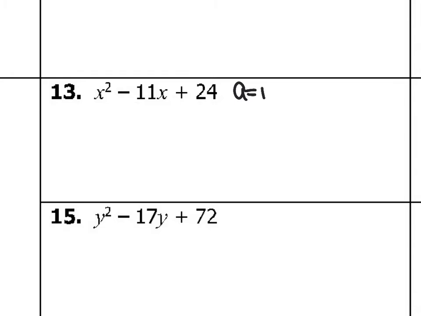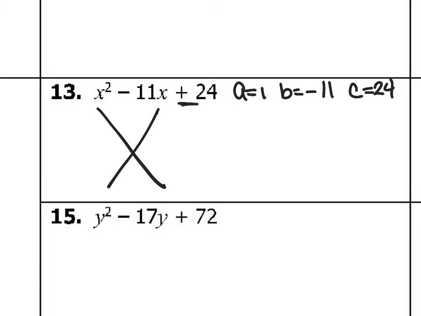A equals 1, B equals -11, C equals 24. Okay, in this case, the middle number is a negative, and this number's positive. So we're doing A times C, which is positive 24, and B is -11.